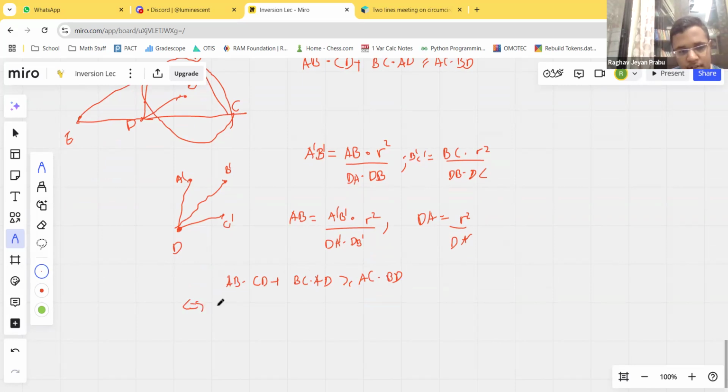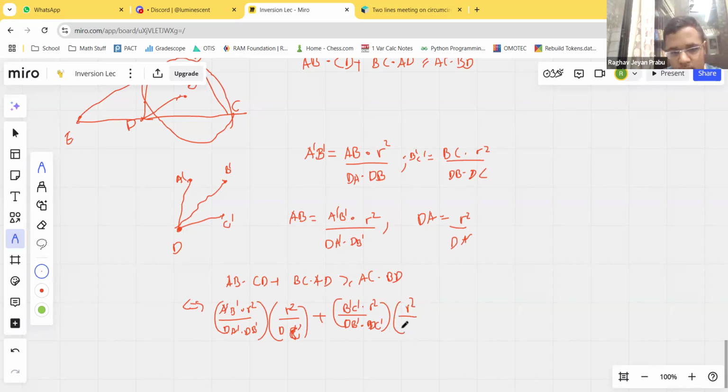So this is true if and only if AB becomes A dash B dash times R square by dA dash times dB dash, CD becomes R square by DC dash, BC will become B dash C dash times R square by dB dash times DC dash, and AD will become R square by dA dash, and this will be greater than or equal to A dash C dash times R square by dA dash times DC dash times R square by dB dash.